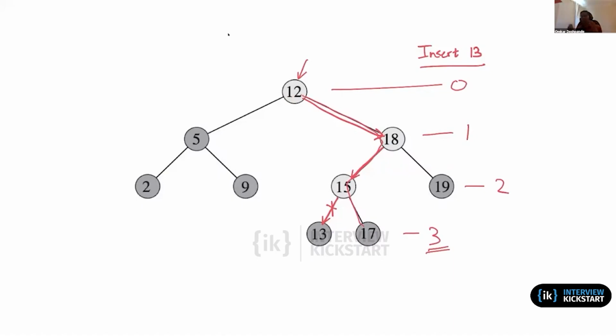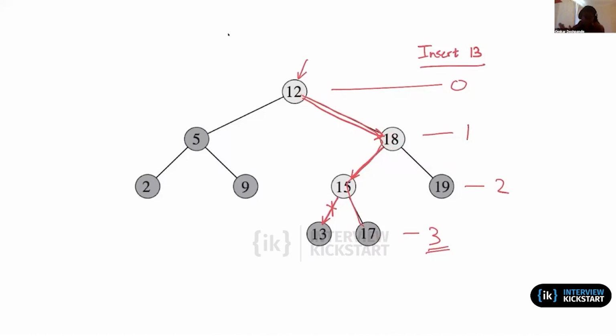I'm doing this because it will be easier if the height exactly matches the number of nodes to which we are comparing our value when we are searching or inserting or deleting anything. So the number of comparisons in the worst case along this path is going to be exactly 4.